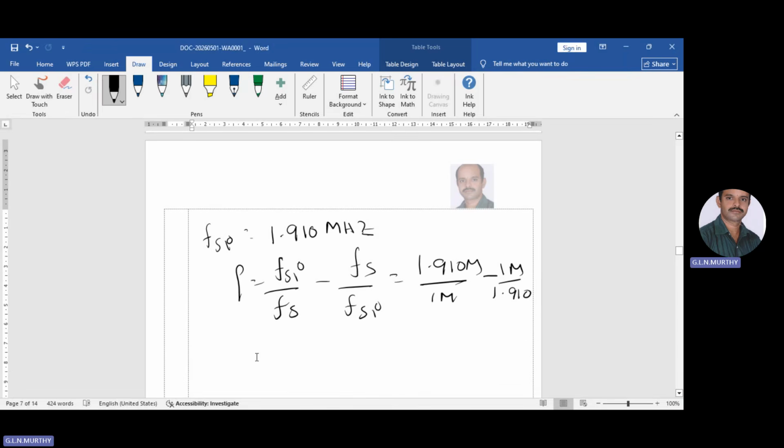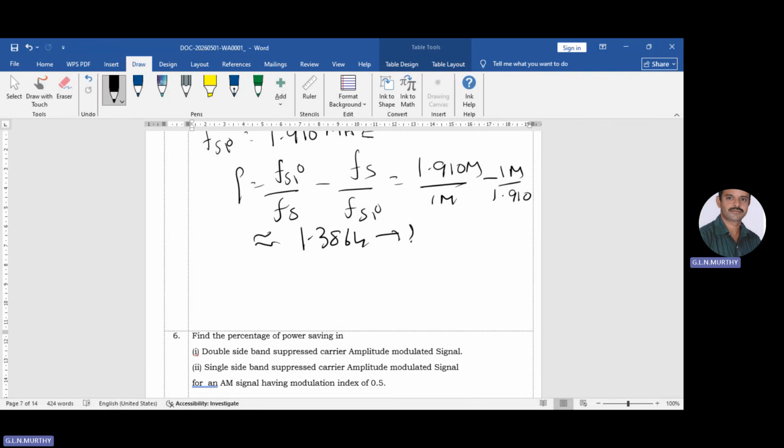You got the rho value. The value of this will be approximately 1.38 around. You have to confirm. 1.3864. Check.